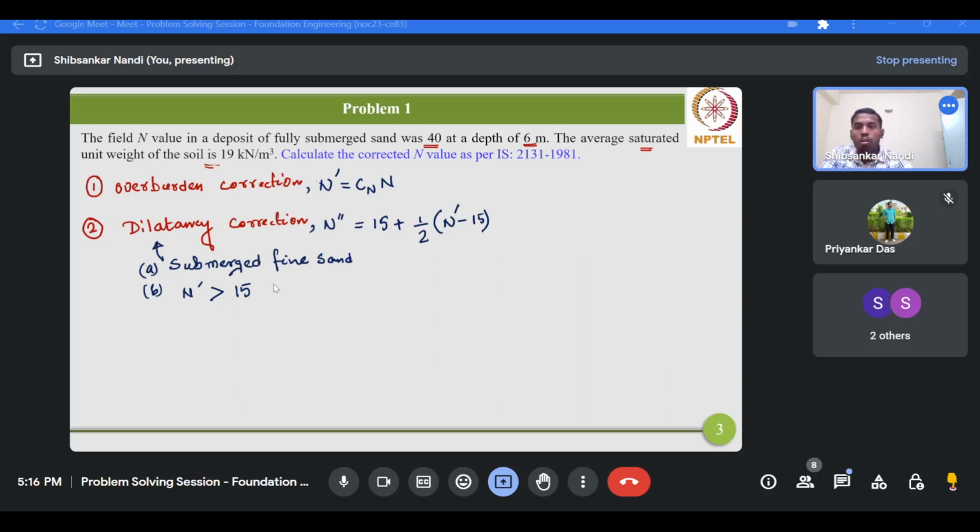Now, let me know why these corrections are required. What is the physical significance of this type of corrections? Why are we considering overburden correction, and dilatancy correction for submerged fine sand when this N prime value is greater than 15? Do you know?